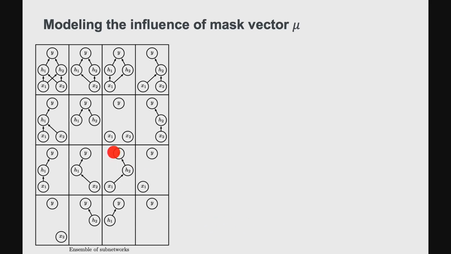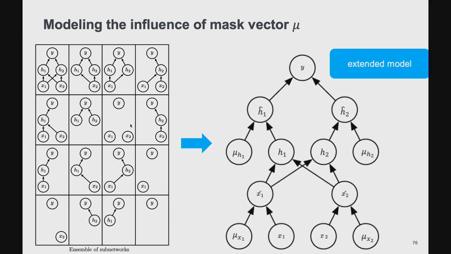And when you want to describe these networks, how can you do that? One way to do it is to add a mask vector. So you have all your original units, x1, x2, and h1, h2. And in order to model this dropout, you introduce variables that are either 0 or 1. And if they are 0, they drop out such an intermediate entity.